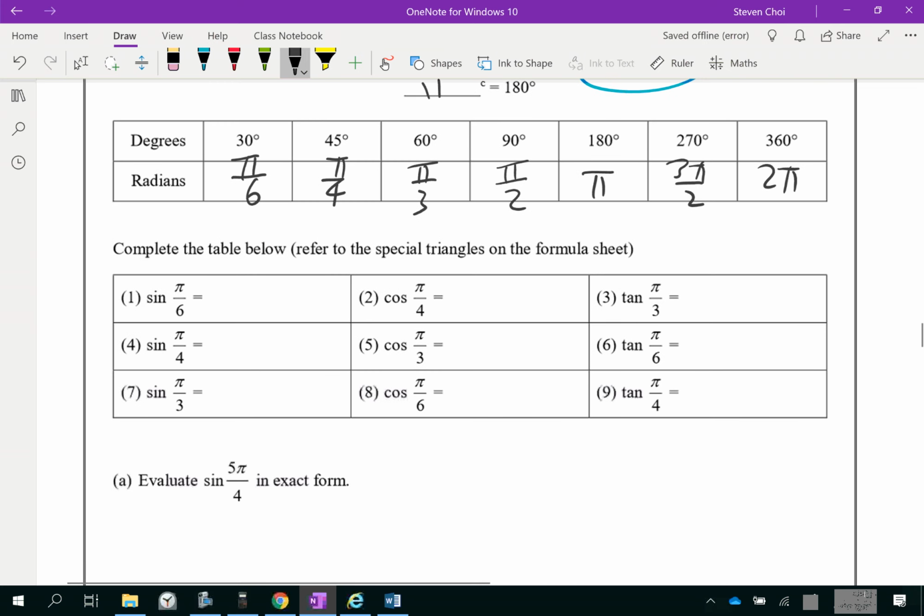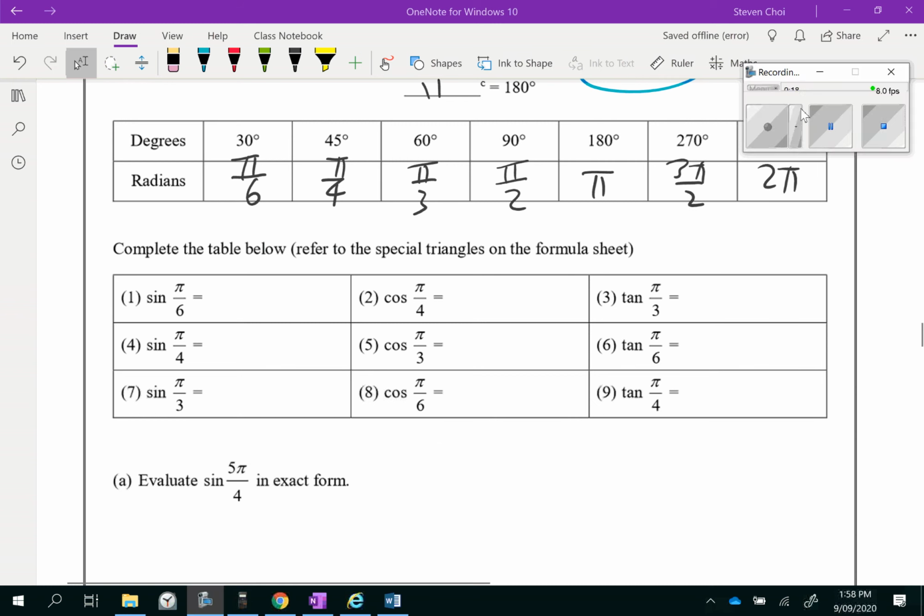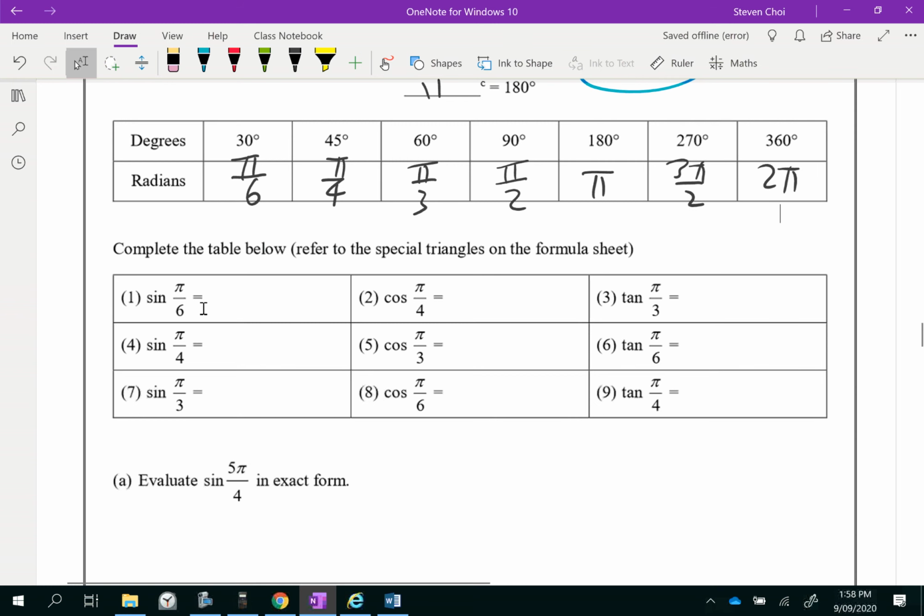All good? All right, next one. Let's continue. It's important that you know the exact ratios in terms of radians too. For example, sine pi over 6, you should immediately see that that's 30 degrees, so it will be half.